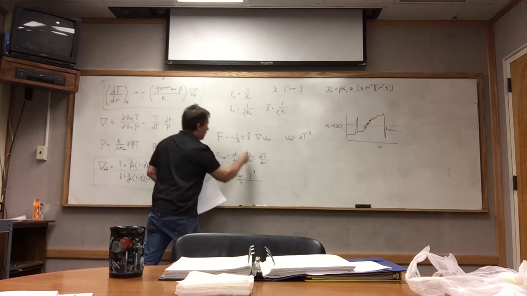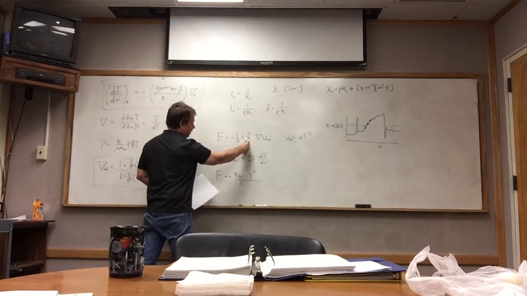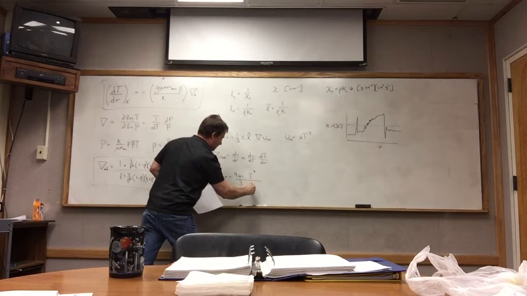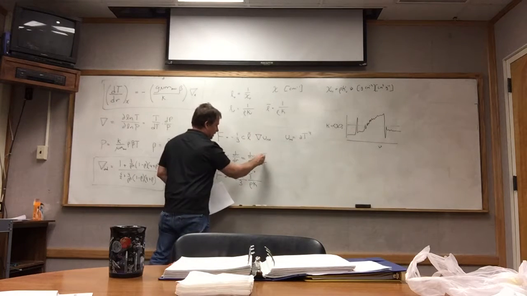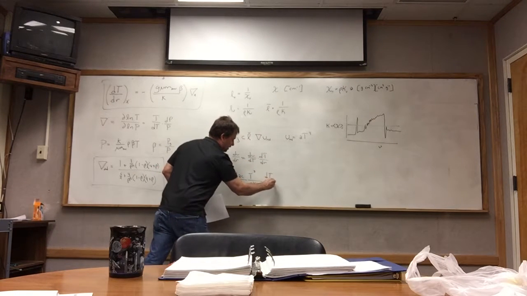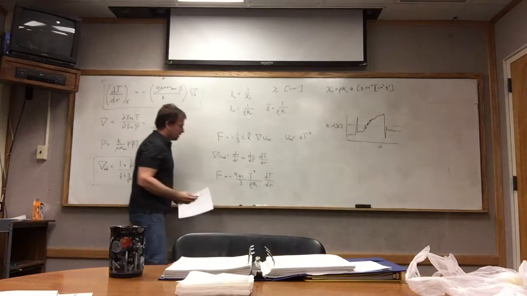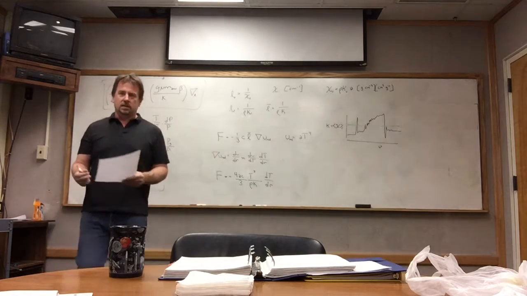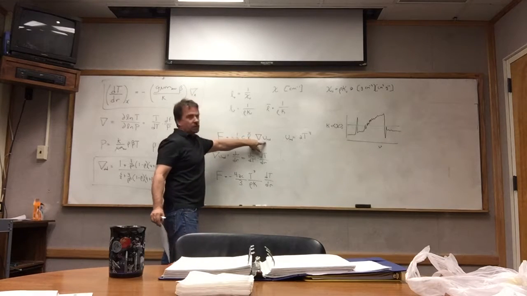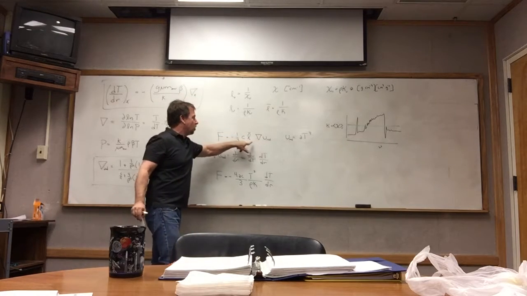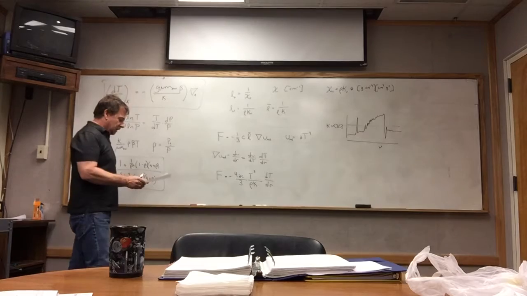And then the mean path length is 1 over rho kappa, and then dT/dr is tacked on to the end. c is the speed of light. So this is the speed, the mean free path, and then the gradient at which energy changes over that mean free path.